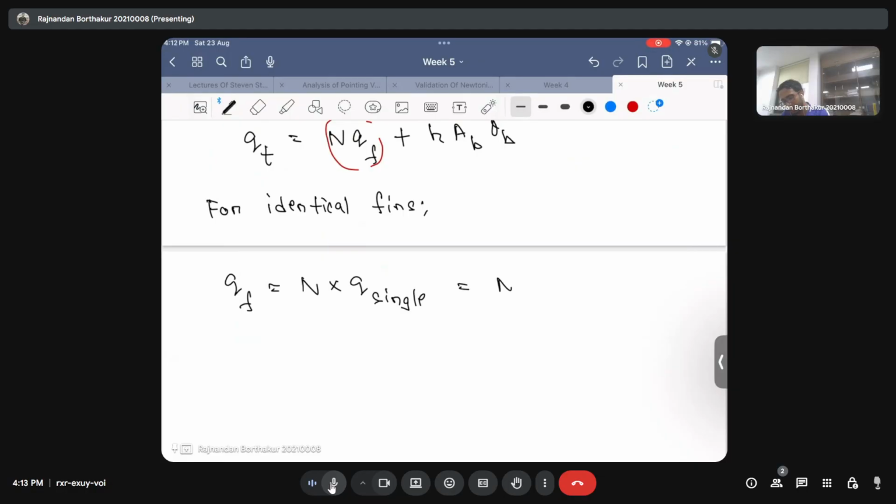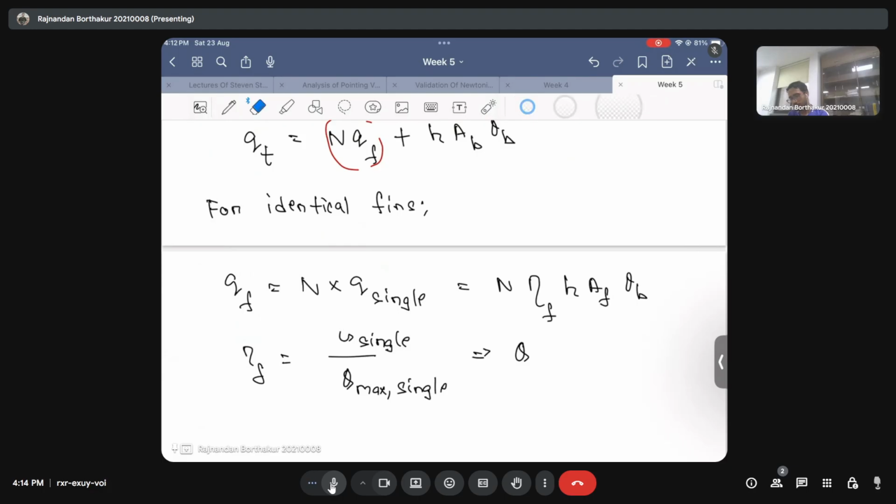Then I can write this as n times, if I use the definition of fin efficiency of a single fin, eta f times h times Af times theta b. We are using the definition that the efficiency of a single fin is equal to the rate of heat transfer from a single fin to the maximum rate of heat transfer from a single fin. I should write it as a small q here because I'm using small q.